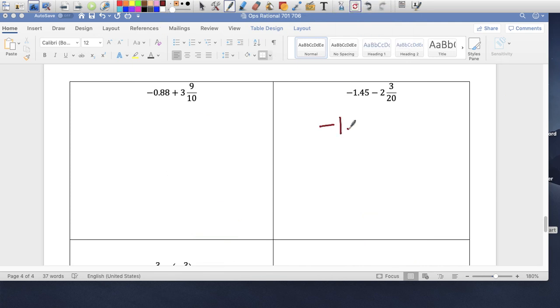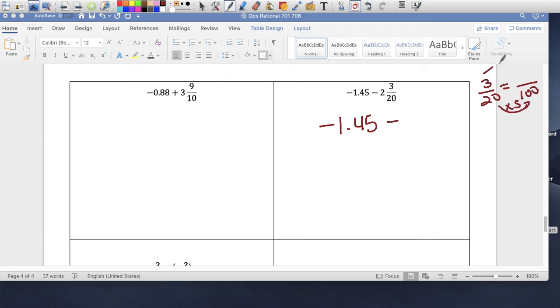Over here, negative 1.45. And again, I'm going to change this to a fraction. And the 3 over 20, it's almost the same. So let me show you how that works here. Let me change the 3 over 20 to something over 100. So how does the 20 become 100?